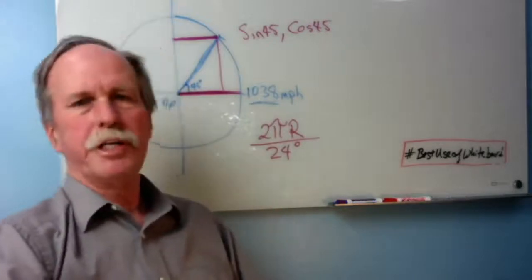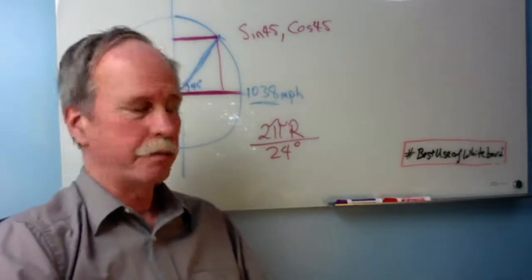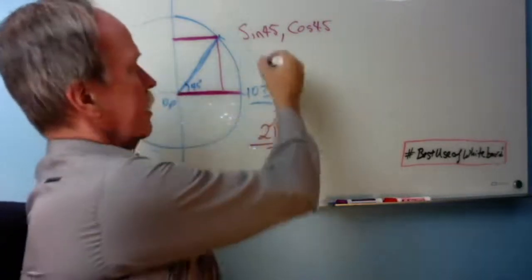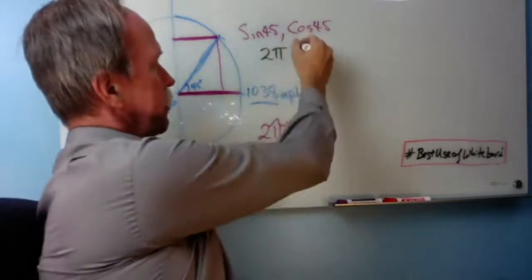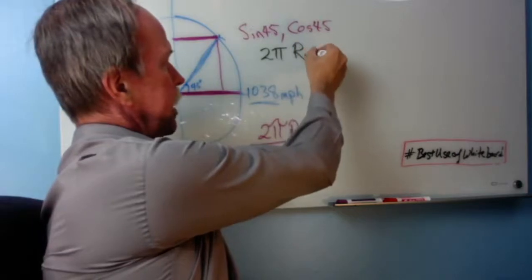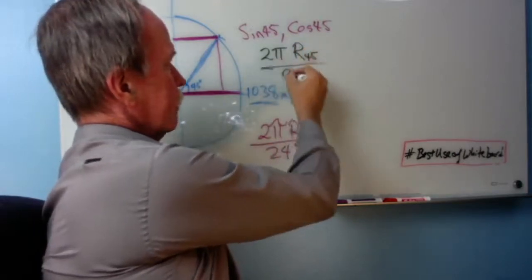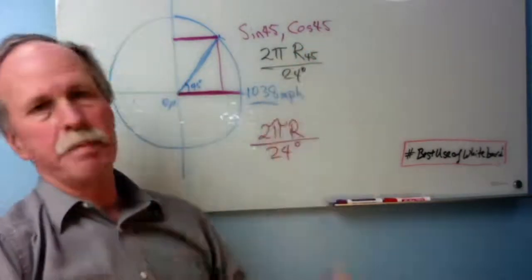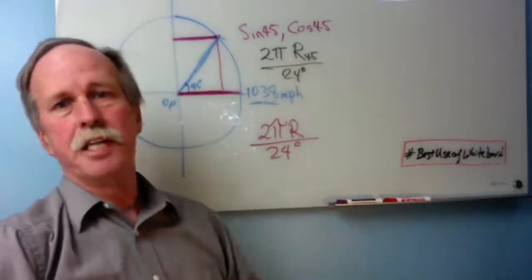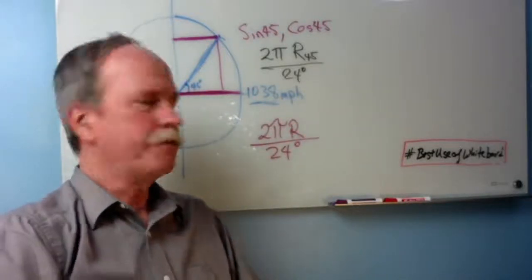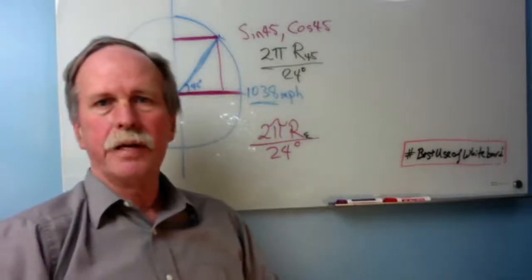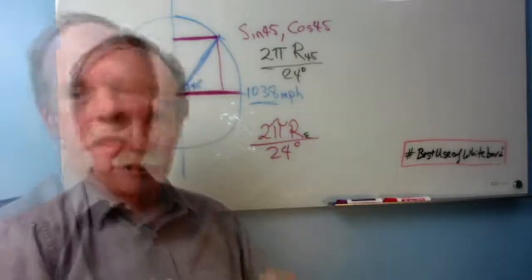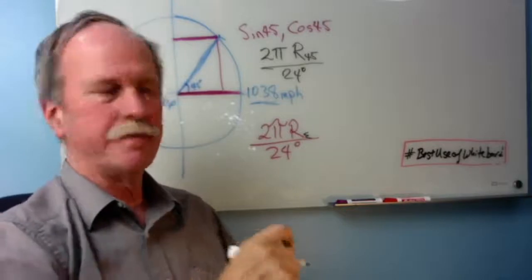Well, what would the rotational speed at 45 north be? Well, just like down here, it'll be 2 pi times the radius at 45 over 24 hours. 2 is the same in both. Pi is the same in both. The only thing different is the radius of the Earth at the equator and the radius of the Earth at 45 degrees. Now, what's the radius at 45 degrees?